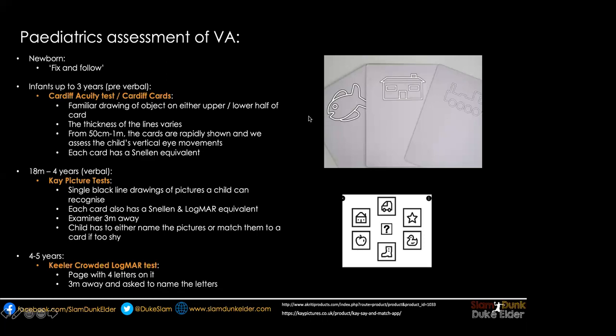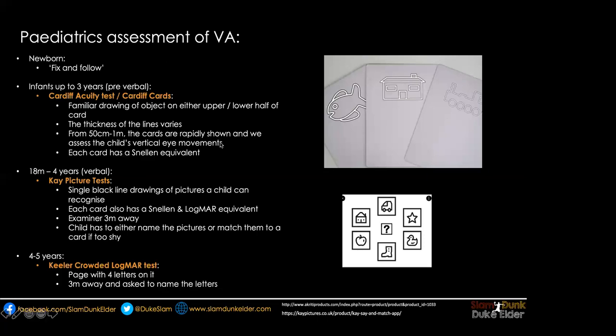And that's how you can assess whether they're able to see the card. And each different thickness in the card correlates to a Snellen equivalent. So you have the child sort of sitting on the mother's knee, and you show these cards sort of 50 centimeters to a meter away, and you just have a look, see are they looking up or down, and if they're able to correctly identify where the picture is, then you can give it its Snellen equivalent.